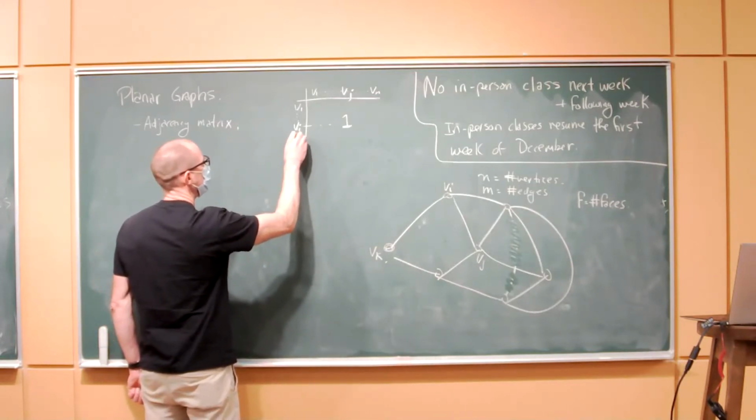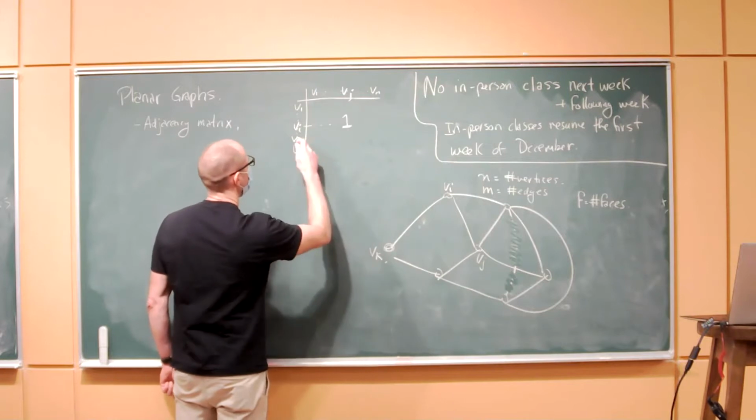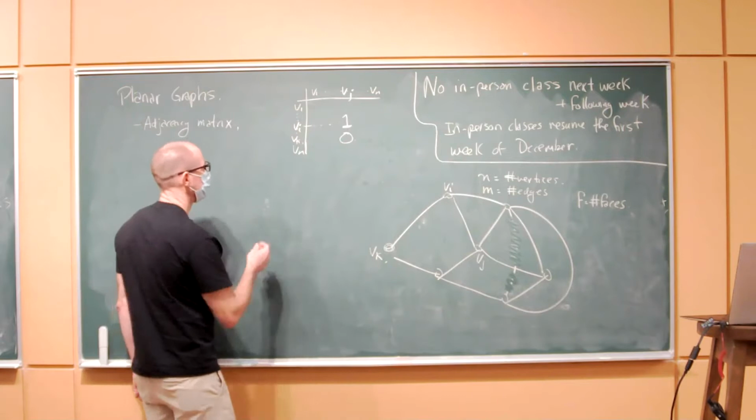So if I put a vk here, then there is no edge from vk to vj, so there's a 0 there. Yeah, so you get the idea.